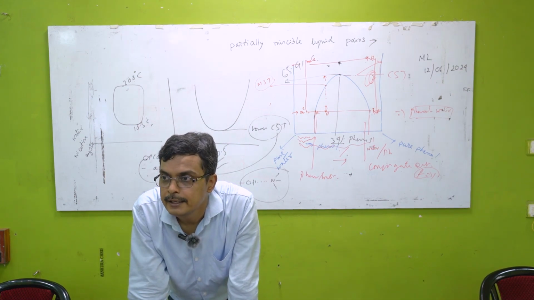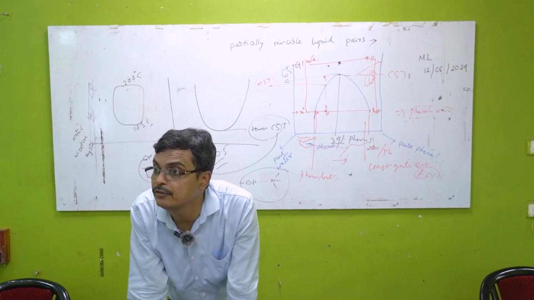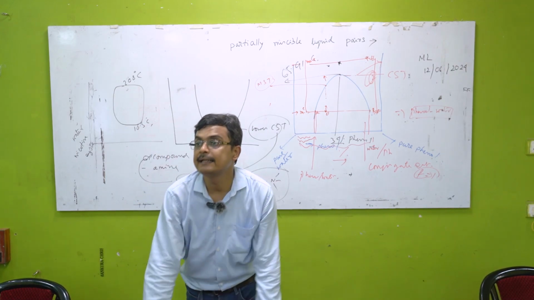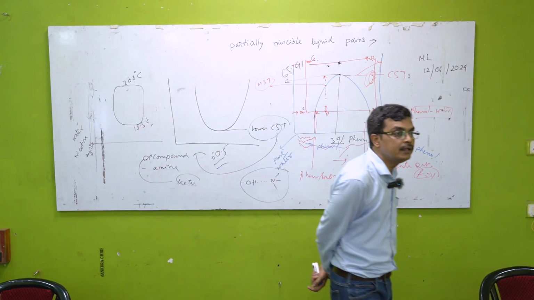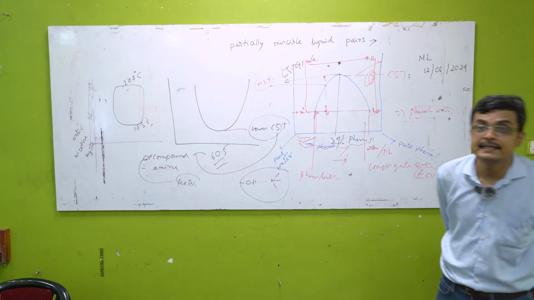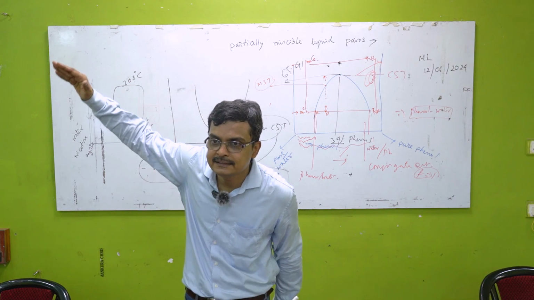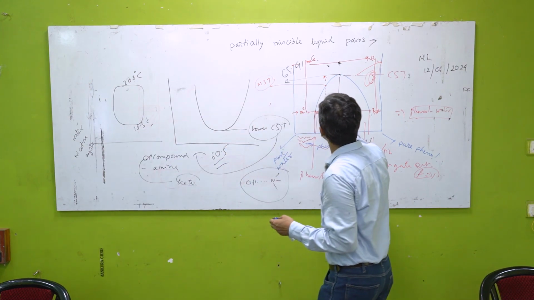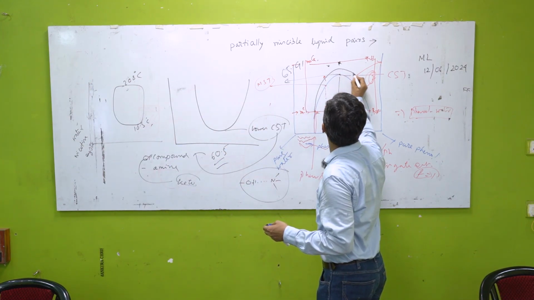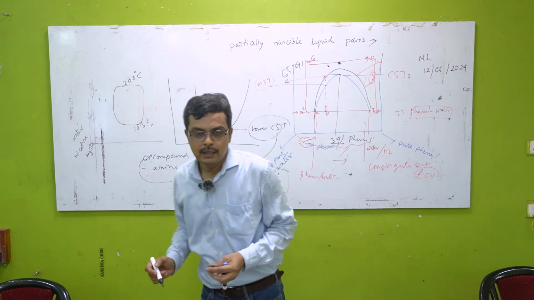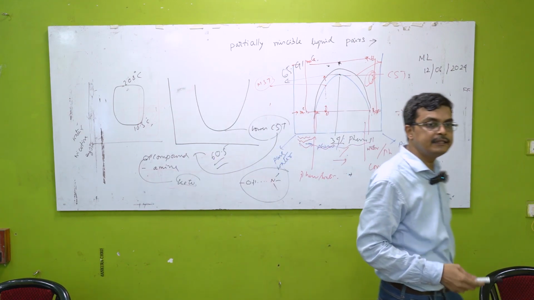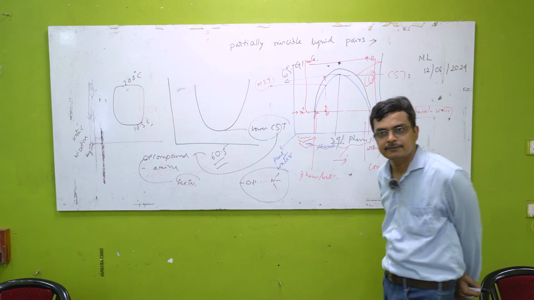It will decrease the mutual solubility, and when the mutual solubility decreases, you see an increase in the upper CST, because the curve will be like this now. You see the increase of critical solution temperature.